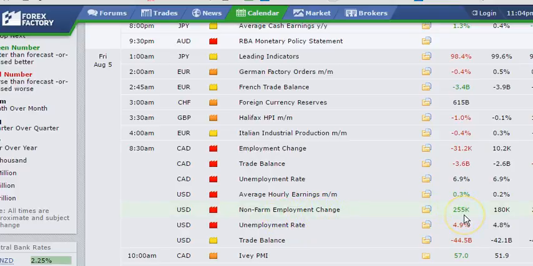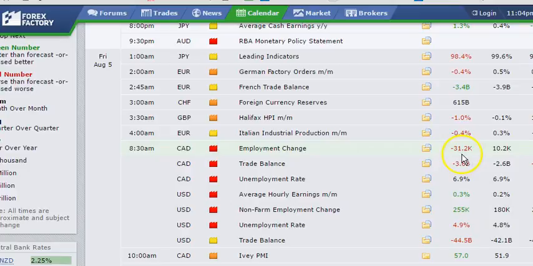It was quite a huge positive number, 255,000 jobs created. The forecast was 180,000, so quite a big jump, and that certainly gave a huge boost to the U.S. currency. On the other hand, on the reverse side, the Canadian dollar, you can see the employment change, and that gathered a lot of news in the media here in Canada.